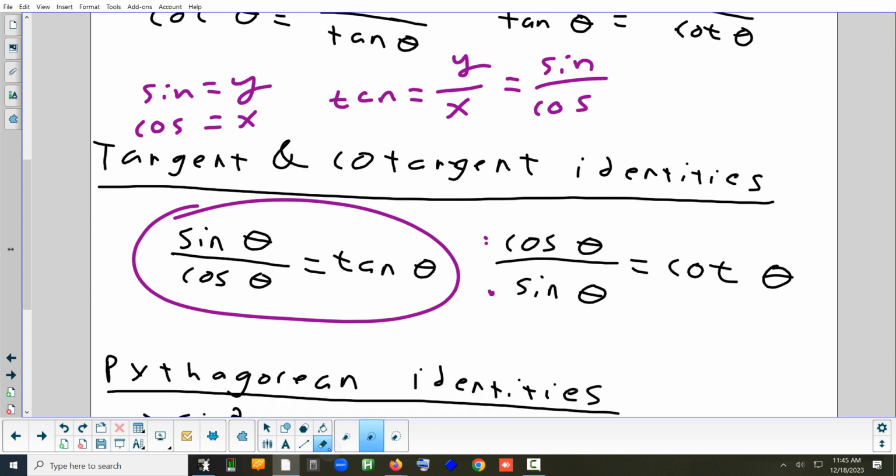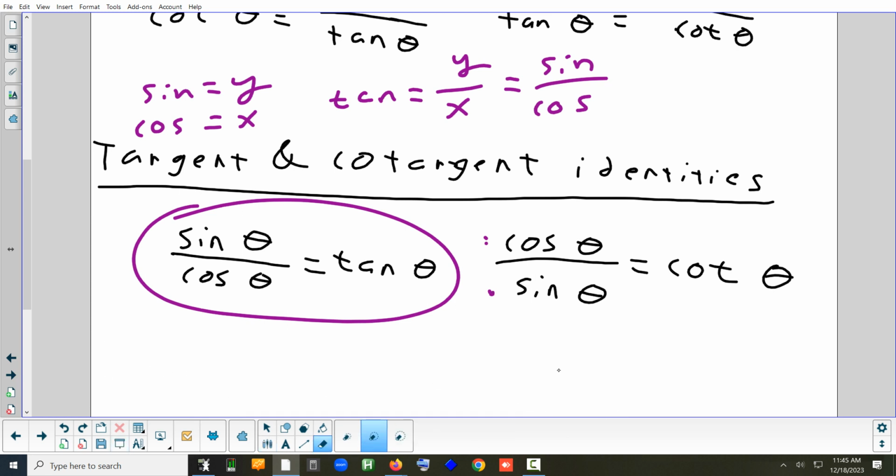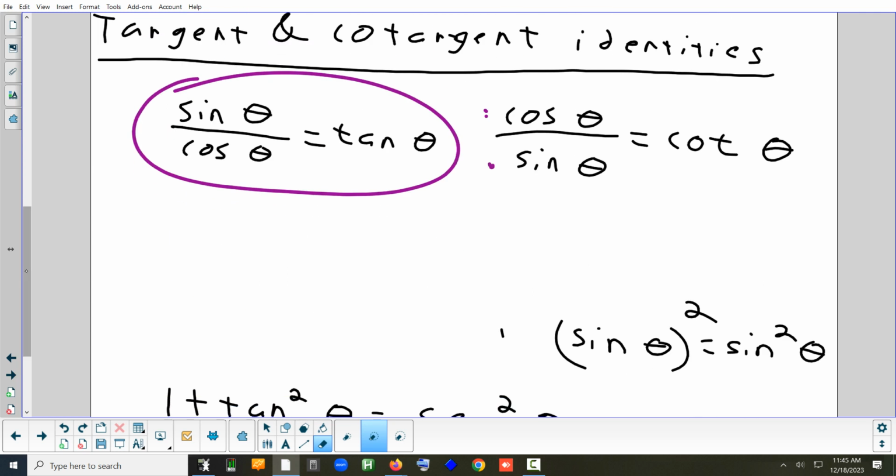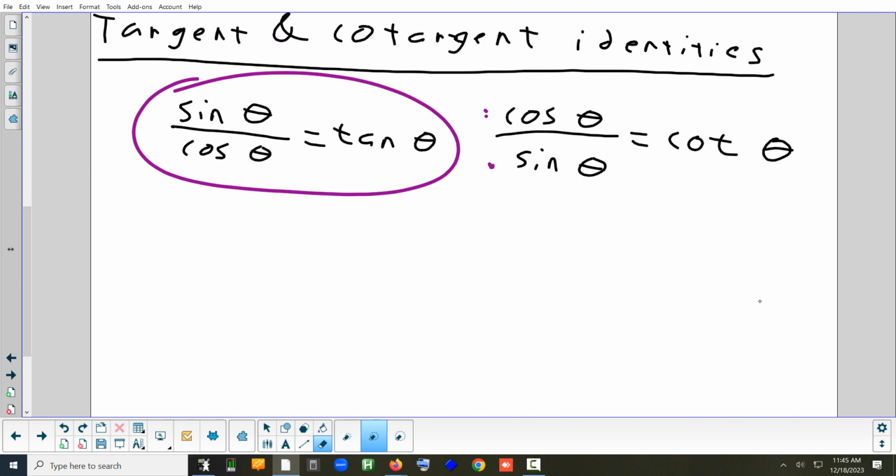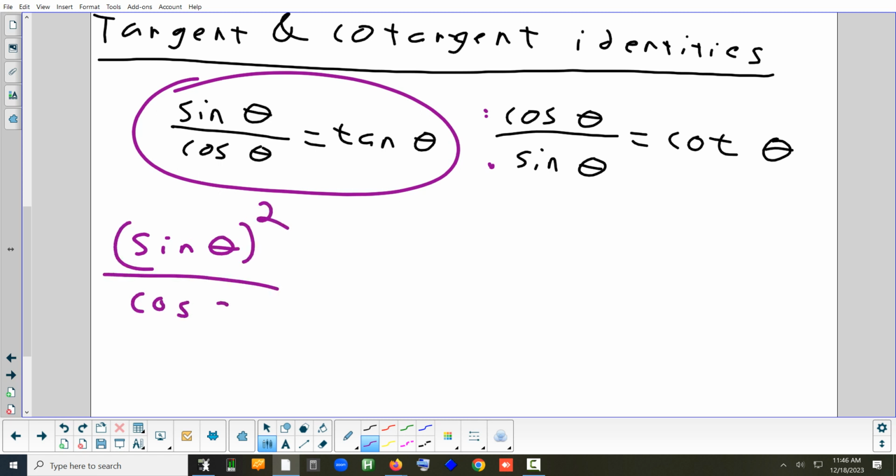Okay. Now let's take that one. Let's say you had sine squared over cosine squared. What does sine squared mean? Like if you write it out. Just don't change it to unit circle. Just expand that for me.